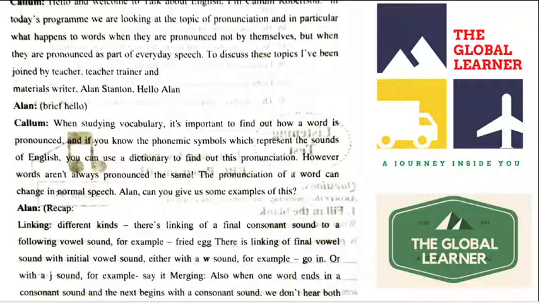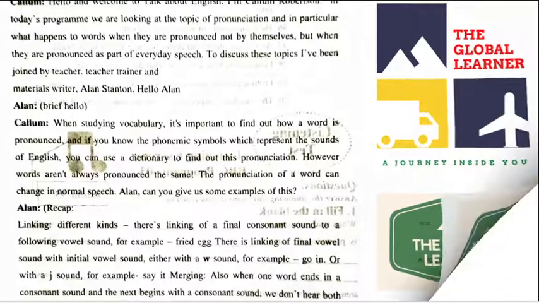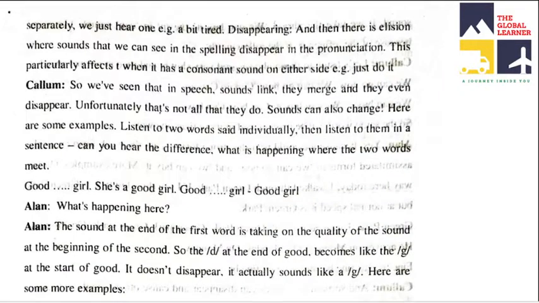Also, another form of linking is when one word ends in a consonant sound and the next begins with a consonant sound, and when that happens, we don't hear two separate consonant sounds. We just hear one. For example, if we say a bit tired. And then there is also elision, where sounds that we can see in the spelling disappear in the pronunciation.